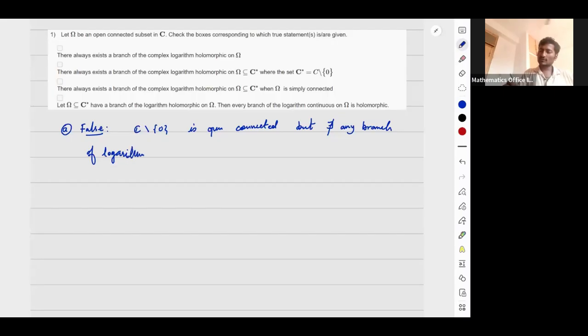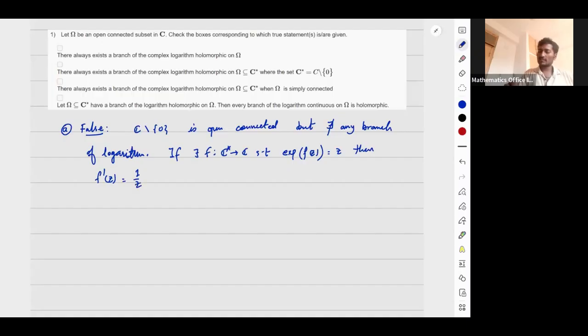So the reason is already given in the class. If there exists f from C star to C such that exp of f(z) is equal to z, then f prime exists everywhere and it is given by 1 by z.